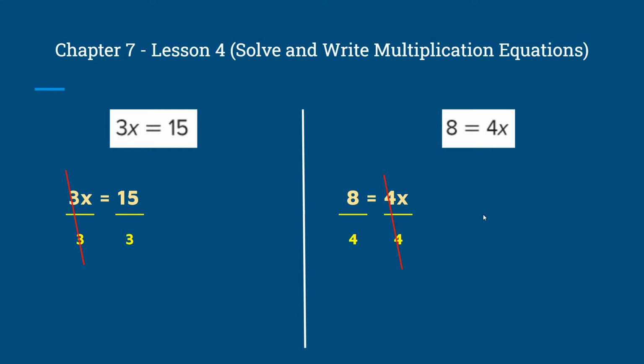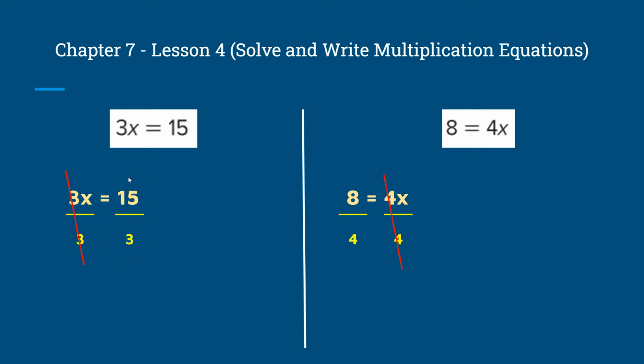And to see what we've got here, again, if I divide both sides on the left by 3, 3 divided by 3 cancels each other out, and I'm left with just my x on the left side. Over on the right side, the right problem, I have divided both sides by 4. 4 divided by 4 cancels itself out. Okay, so I'm left with just my variable on the right side as well. All I have to do now is solve the problem that I'm left with on the opposite side of each equation.